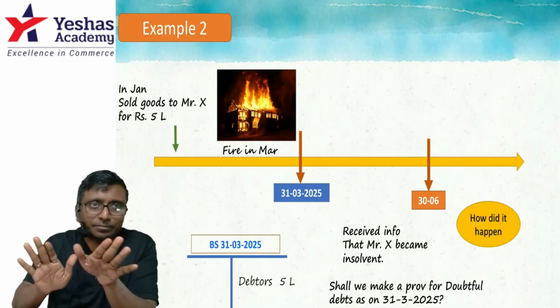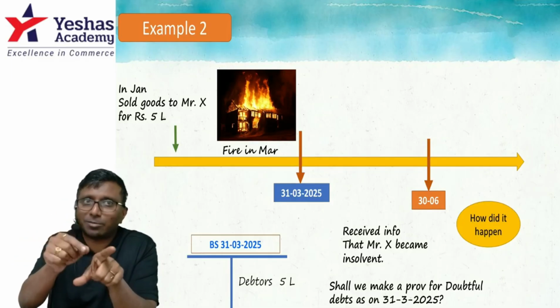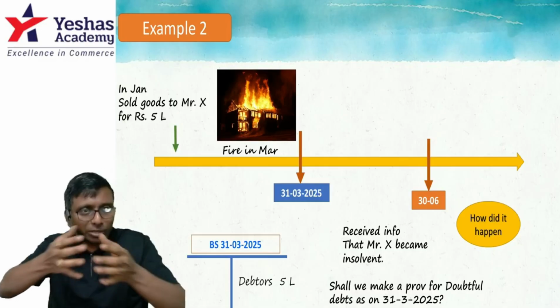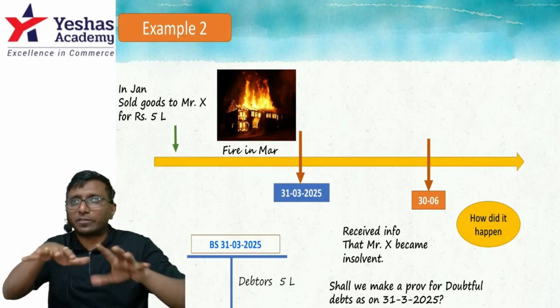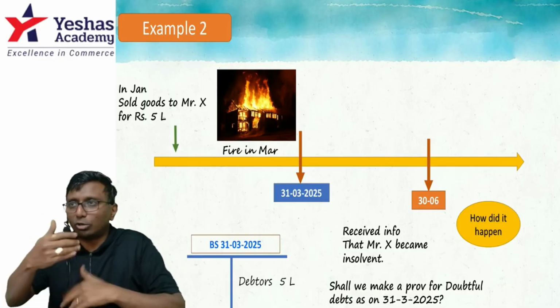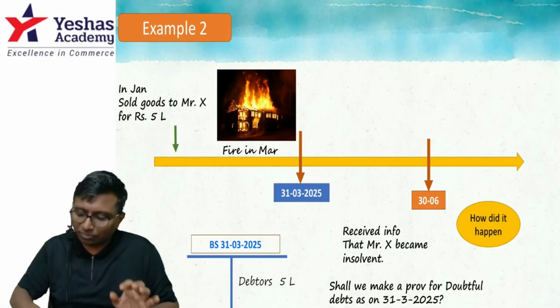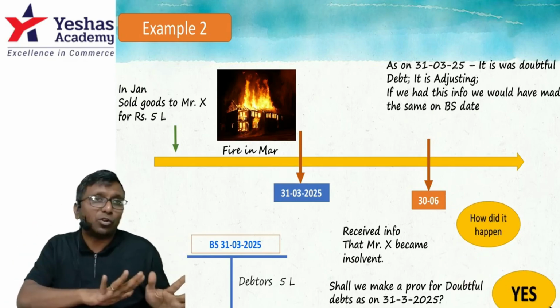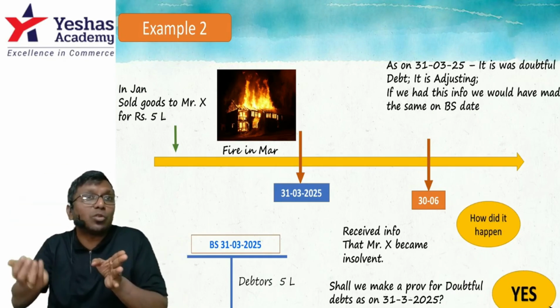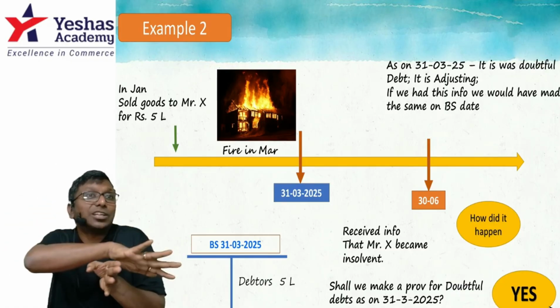Is this clear? This is where generally the problem comes. That's why more examples are required for this standard. Otherwise, you will not come to a perfect conclusion. The more you discuss, the more clarity it will give. Yes, it was already doubtful. Information should give the information of the condition.